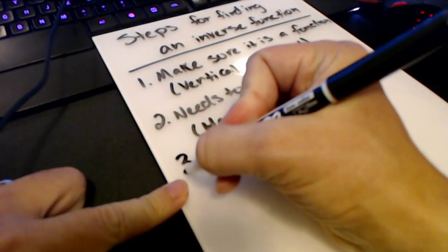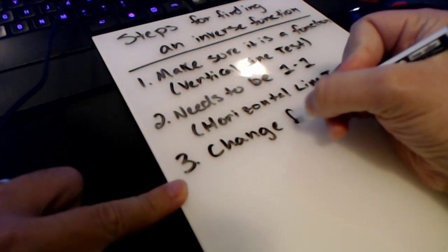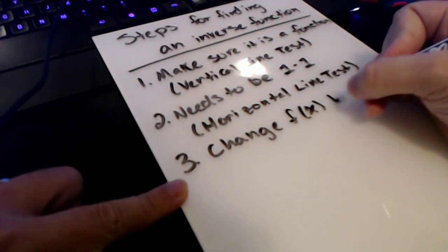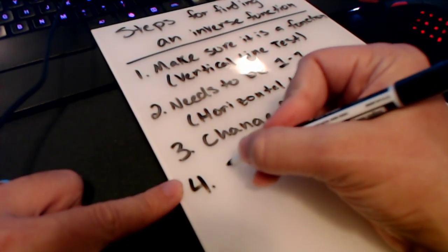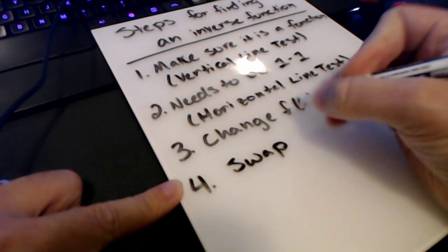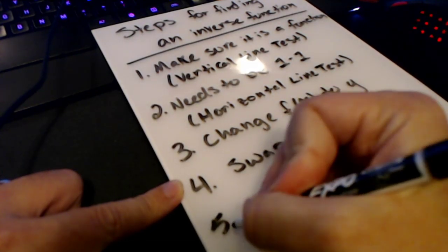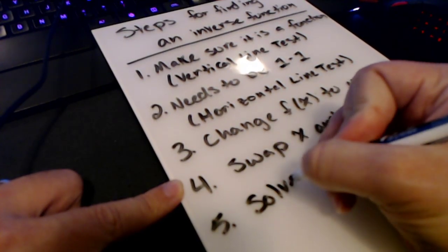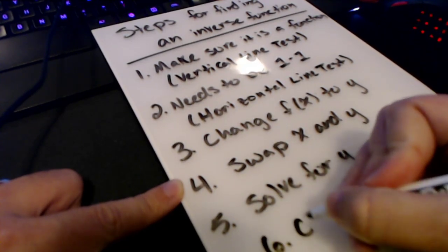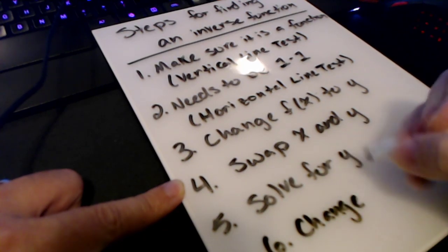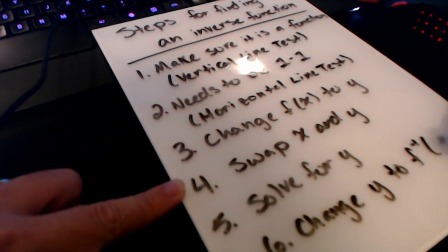Step 3, change f of x to y. Step 4, swap x and y. Step 5, solve for y. Step 6, change y to f inverse of x.